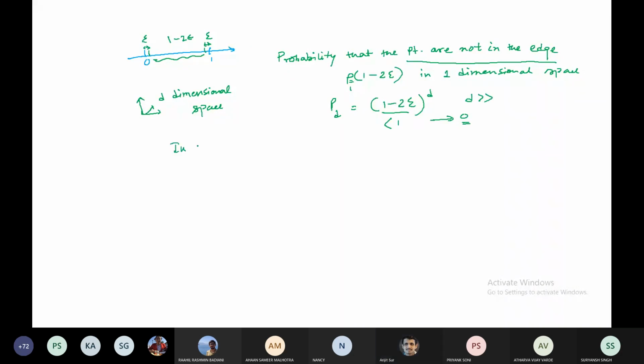In higher dimensional space, points, which are uniformly distributed, are in general wide apart. The corresponding distance is very high.